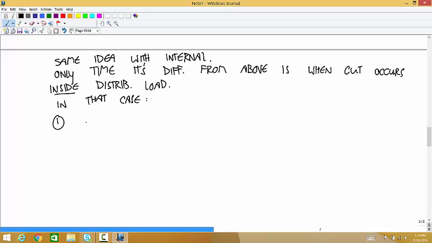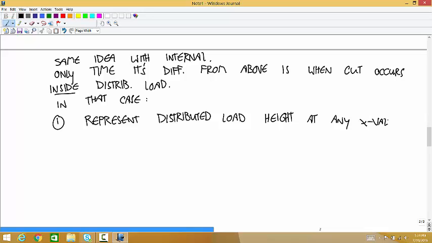So first, represent the distributed load height at any x value by the function q of x. And actually, this will be a downward distributed load, which is, I think, what every single calculation we're going to do is.